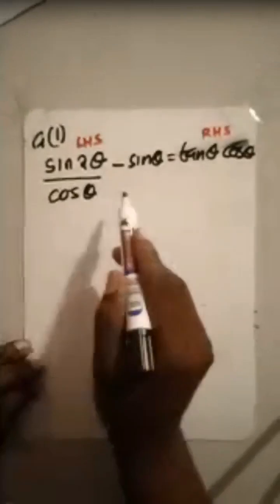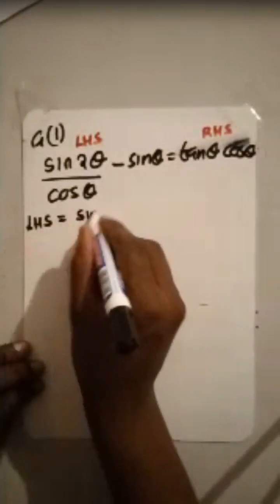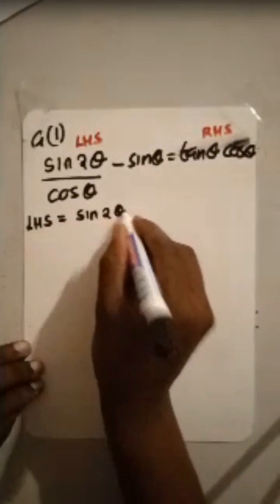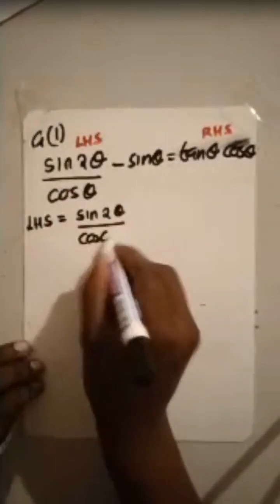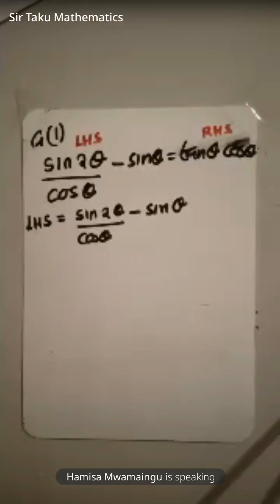So we are going to choose the left-hand side. The left-hand side is equal to sin 2 theta over cos theta minus sin theta. Guys, is there any identity that you are seeing there? Something that is an identity that you are seeing on our expression that we have indicated just now? Sin 2.